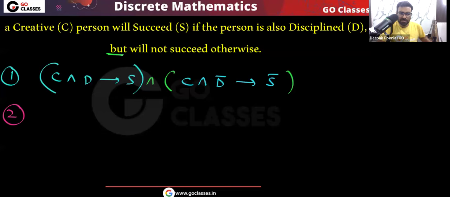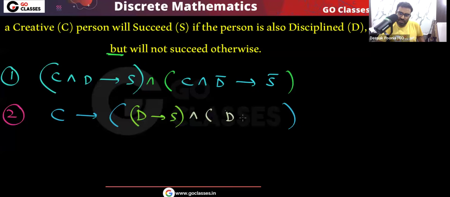What is another way to write it? Another way is, I'm making a claim only for the creative people. So if you are creative, then I'm saying something about you. Now what am I saying about you? If you are disciplined, then you will succeed. If you are not disciplined, then you will not succeed.